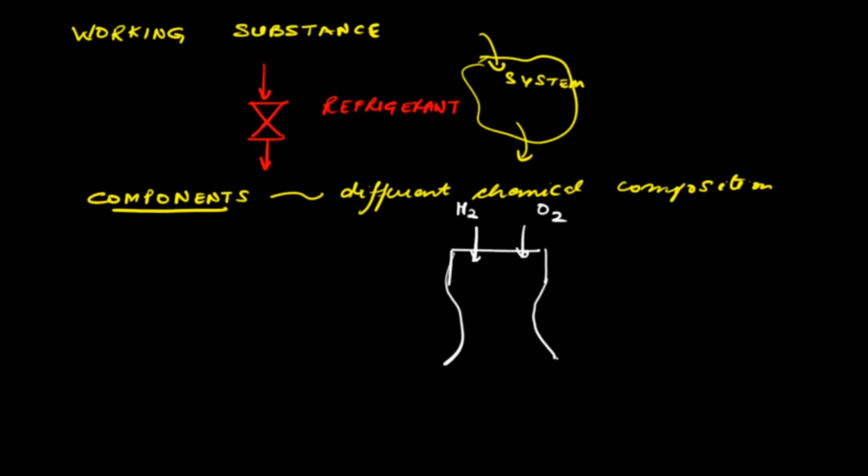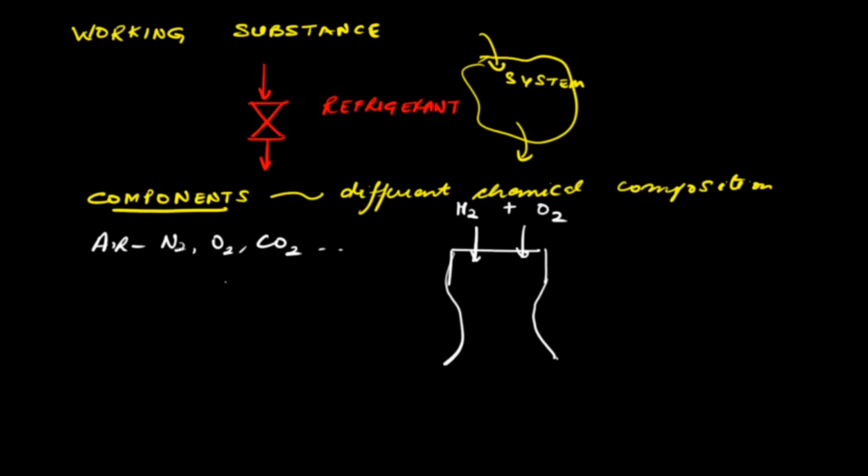So the mixture of hydrogen and oxygen is composed of two components, that is hydrogen and oxygen gas. Similarly, air is a mixture of different components such as nitrogen, oxygen, carbon dioxide, and other gases.